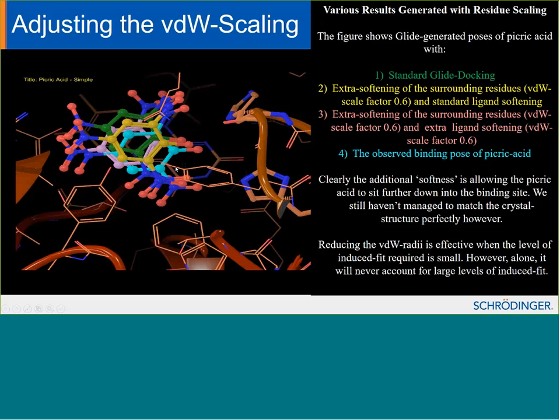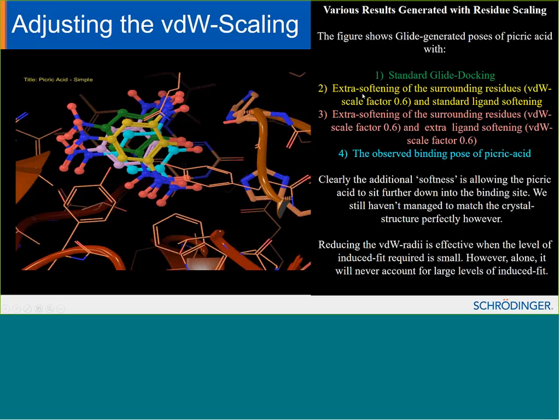This is an example of where we have a very small active site. We have pyruvic acid inside its cavity. An example of where we've softened the potential forces the pyruvic acid to sit closer and deeper into the active site. Standard docking leaves the pyruvic acid in the green image.